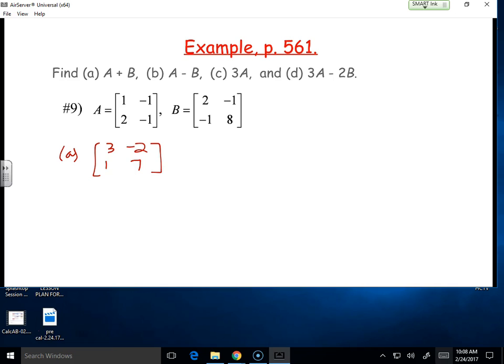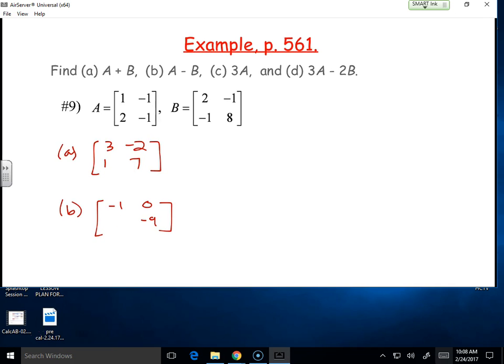You work your way across next row, right? Letter B. How about A minus B? Sound good? Oh, 3, negative 9. Letter C. What'd you get? 3, negative 3, 6, negative 3.